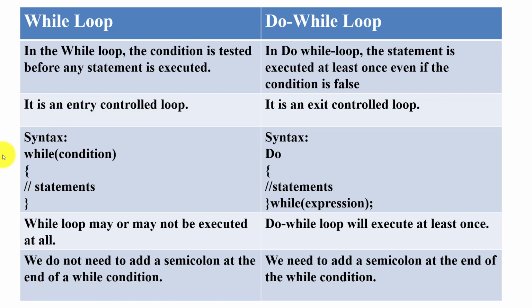That's why we don't put a semicolon there. But after executing the do statement, while checks the condition, and if it is false, it stops. So at the bottom, at the end of the while condition, we add a semicolon.